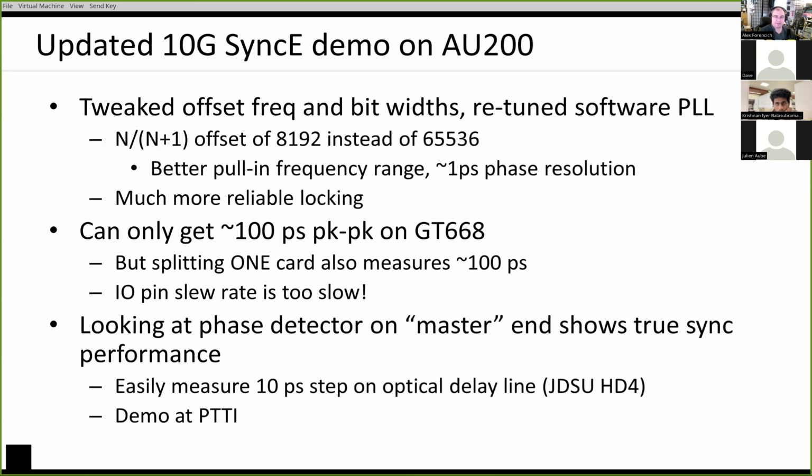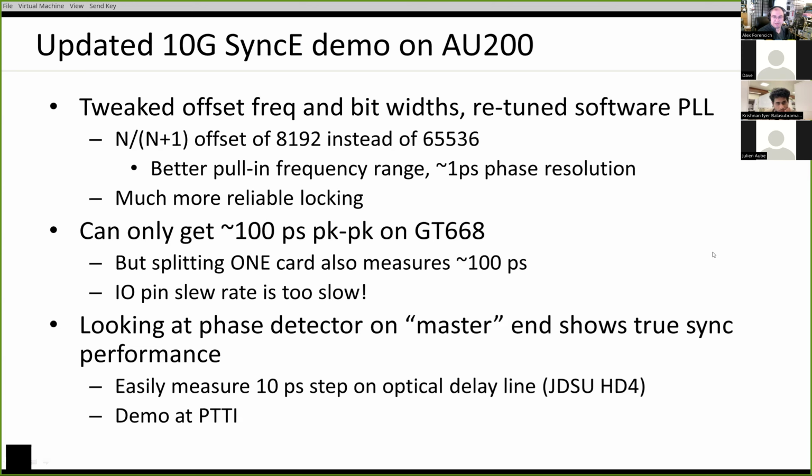But if you look at the phase detector inside, you get a much better reading of the true sync performance. With everything all tuned up, this seems to be able to measure a 10 picosecond step, or even better than that, with the optical delay line.